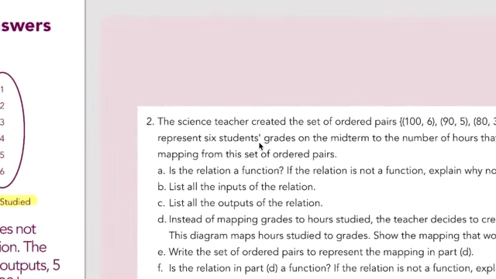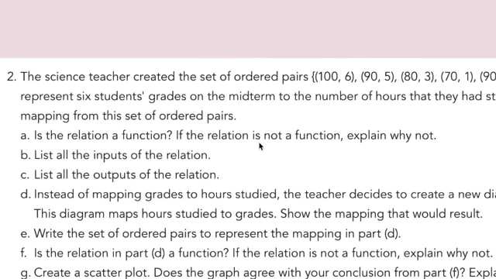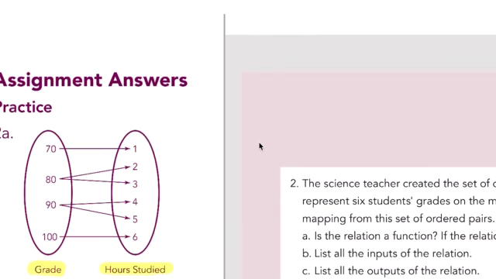Not a function, right? Explain why. You explain why. Why not? Because the input of 80 and 90 has 2 outputs. You only allow 1 output. Okay.